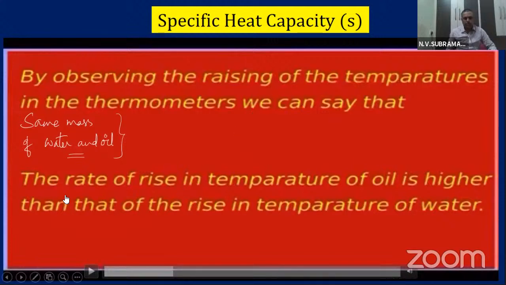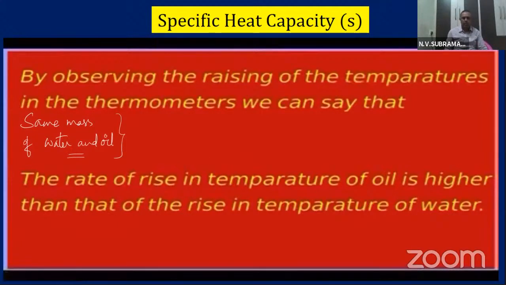If you observe, the rate of rising temperature of oil is higher than the rate of rising temperature of water. That means delta T is more for oil than delta T for water. So oil is getting heated faster when compared to water.